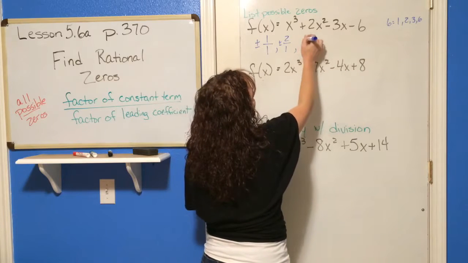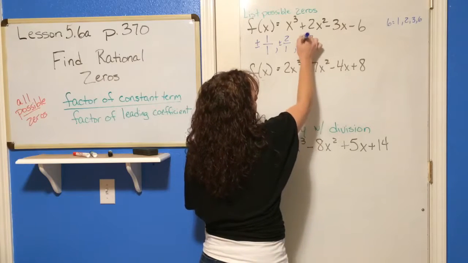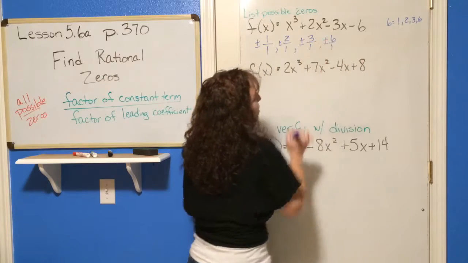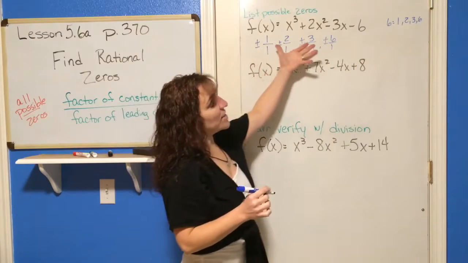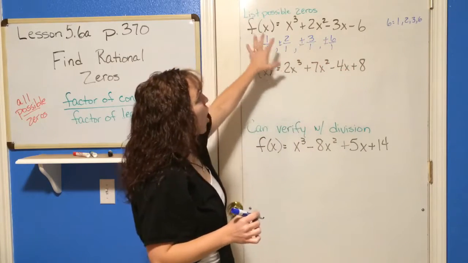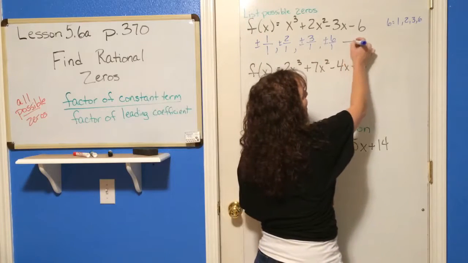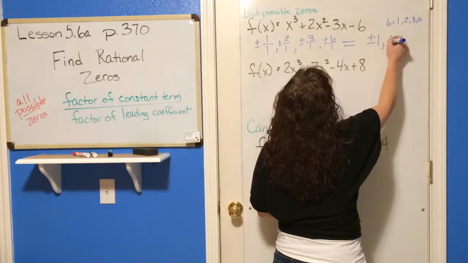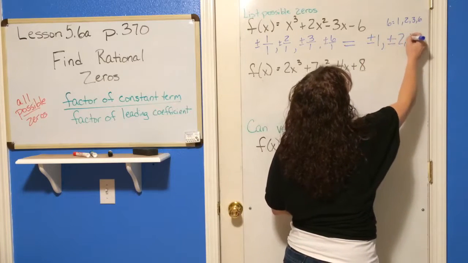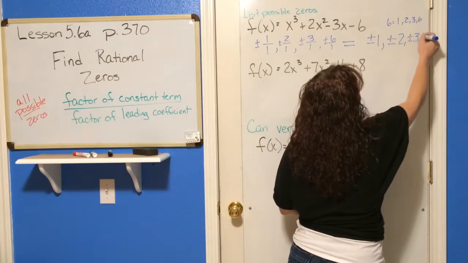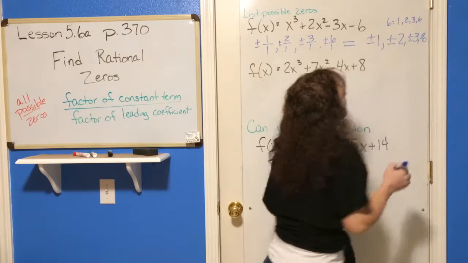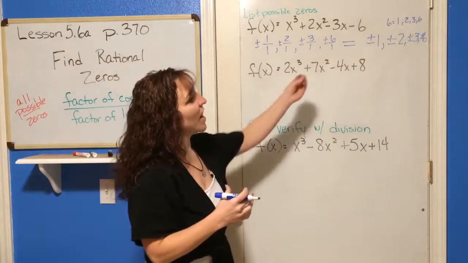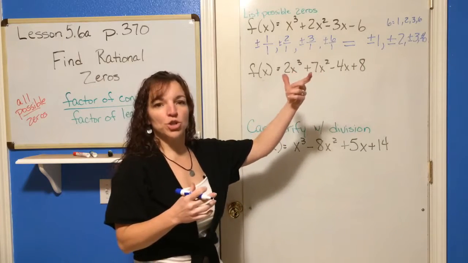We're going to put 3 over 1, plus or minus. And we can put 6 over 1, plus or minus. So when we simplify these down, all of our possible zeros in this case are plus or minus 1, plus or minus 2, plus or minus 3, and plus or minus 6. So these are all the possibilities. So once you've got those, then you've got a smaller number to choose from.